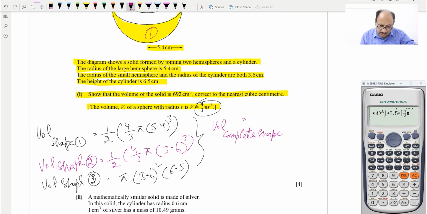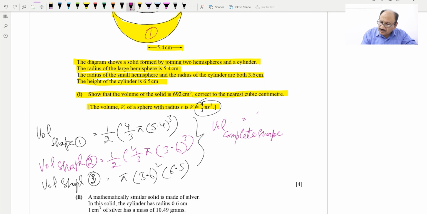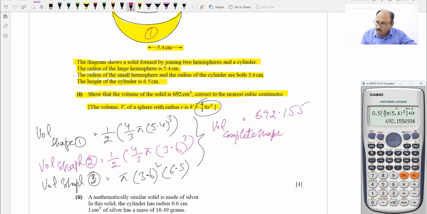and 3.6 cubed, and then bracket closed, and the last one will be plus pi, in brackets 3.6 squared, into 6.5, bracket closed, and this is equal to 692.1556.